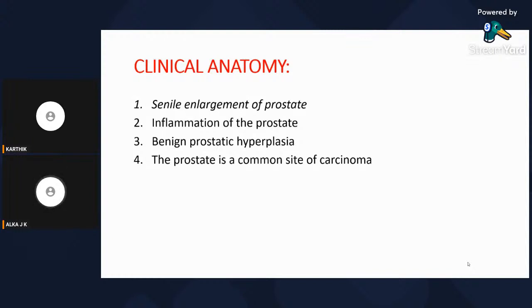Metastatic spread occurs because of the valveless connections, and it is going to transfer into the vertebral column, especially to the sacrum, between the prostatic and vertebral venous plexuses. Afterwards, the disease can spread to the sacrum and the vertebral column.